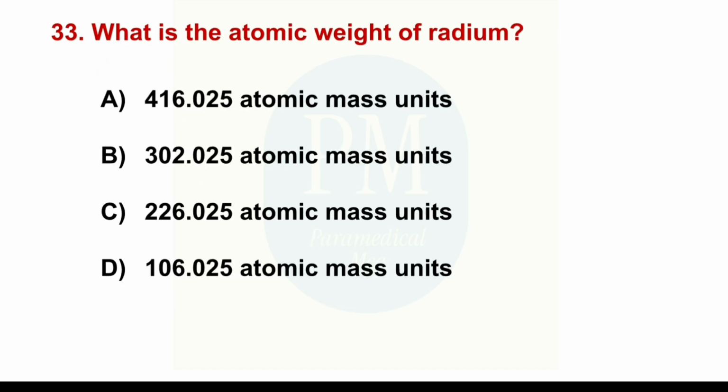Option A, 416.025 atomic mass units. Option B, 302.025 atomic mass units. Option C, 226.025 atomic mass units. Option D, 106.025 atomic mass units. The correct option is option C, 226.025 atomic mass units.